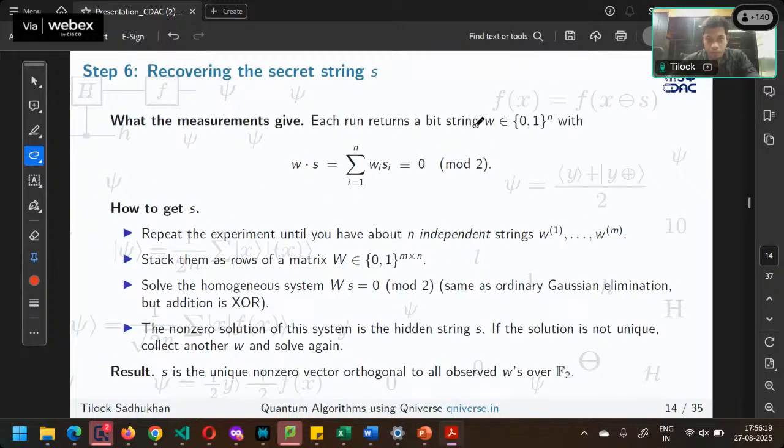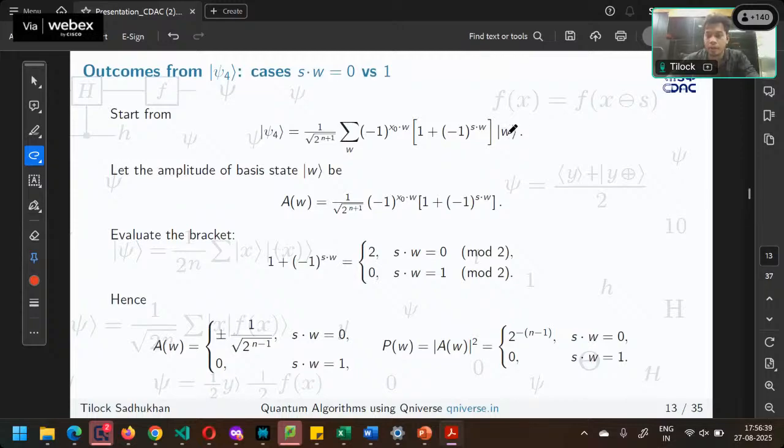So, repeating it in a very formal way, what measurement gives is that each run returns a bit string W with W dot S, basically the sum of Wi dot Si, modulo 2. Now we are going to repeat this experiment. There is a possibility that all the W's that we are getting here may not be linearly independent.